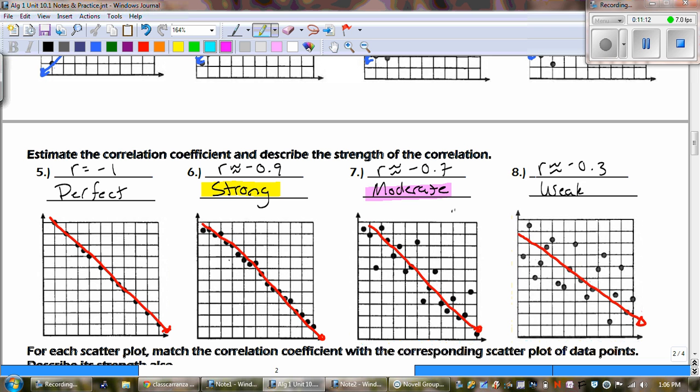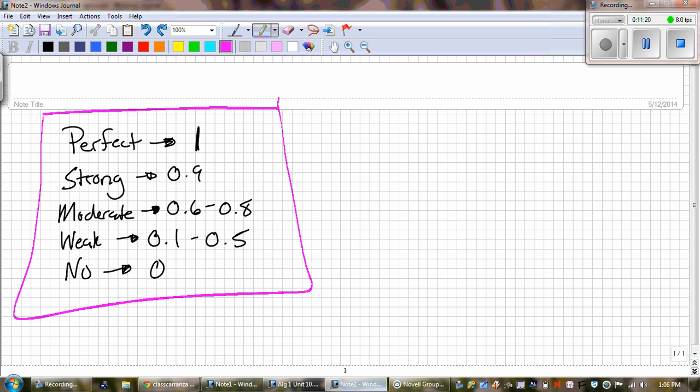So just know that those numbers, the negative 0.9, 0.7, 0.3, we are getting all from over here, okay? If you have a perfect graph, your perfect should be 1 or positive 1. If you have a moderate, your number should be between those two numbers, okay?